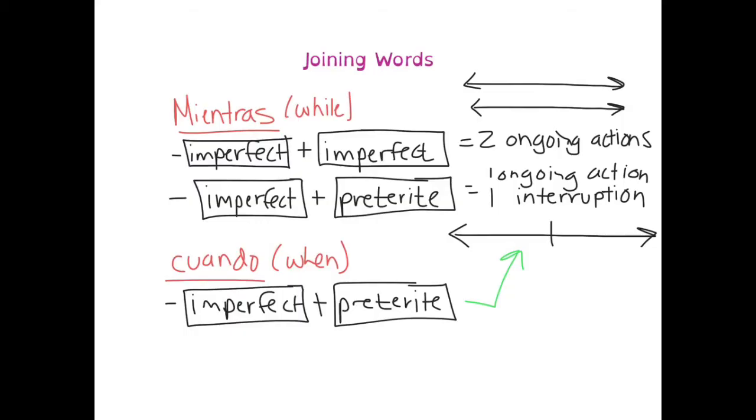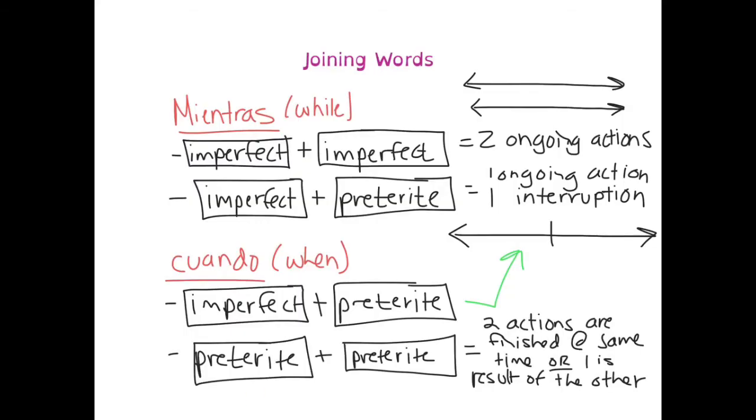Then we could have two preterite verbs. Now, if you have both verbs in the preterite and they're conjugated, that tells us two different scenarios could happen. It means two actions finished at the same time, like I closed my book when you turned off the TV. Or one action is the result of another action.